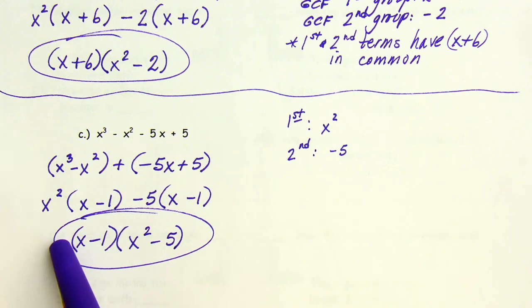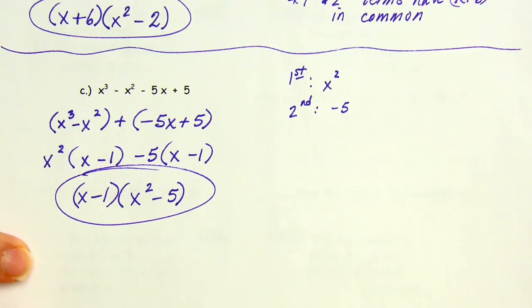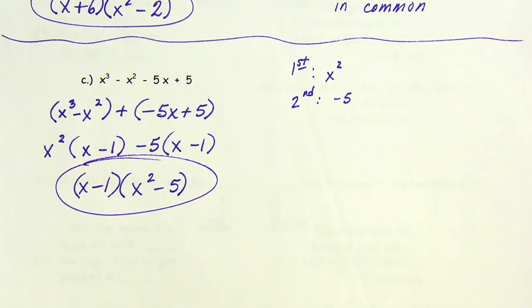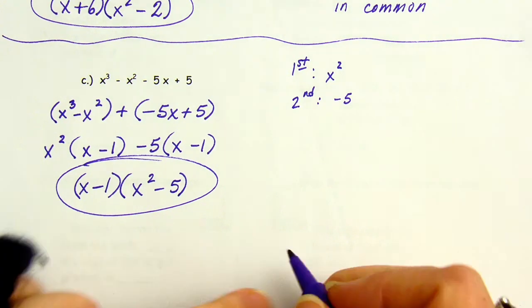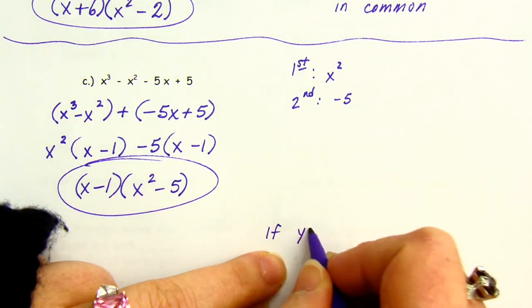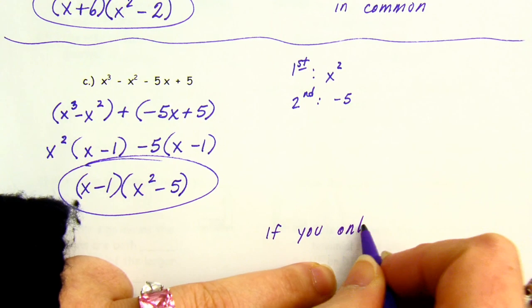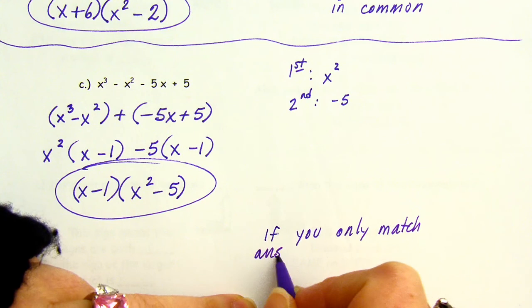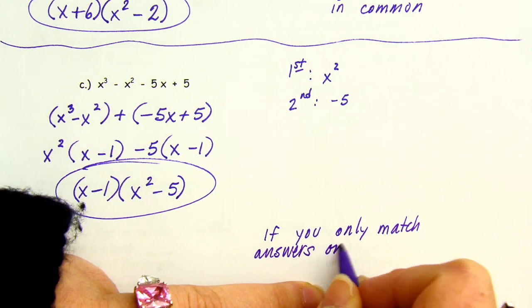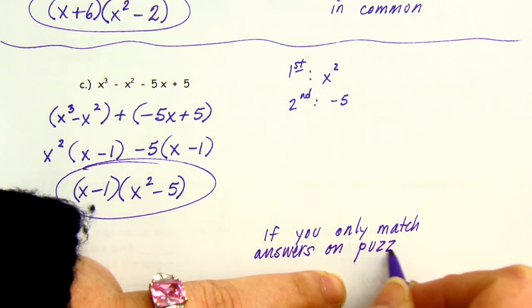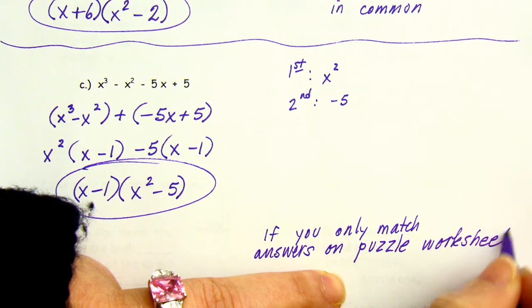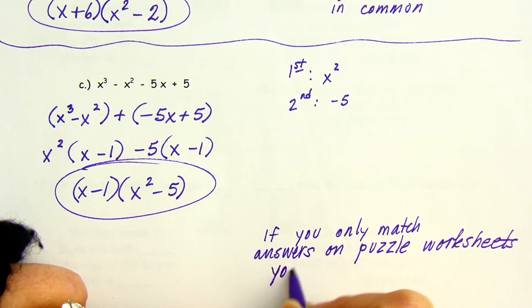It's always out there. All right, so for your homework, I am going to require on the puzzle worksheets that you show me work. You should not just be matching.